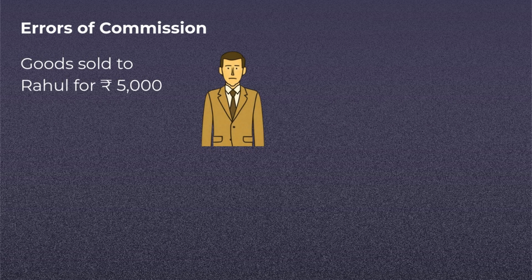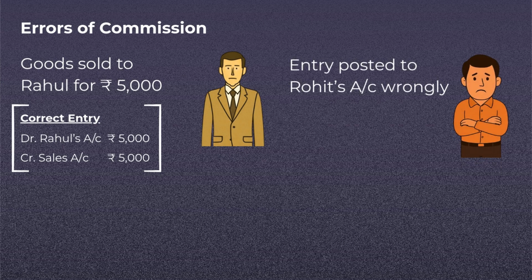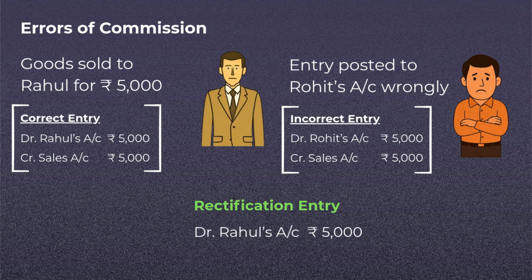Assume goods sold to Rahul for rupees 5,000, but the entry is posted to Rohit's account wrongly instead of Rahul's account. The amount and sides are correct, but the wrong account is used. The trial balance will still match. The rectification entry would be debit Rahul's account rupees 5,000 and credit Rohit's account rupees 5,000.